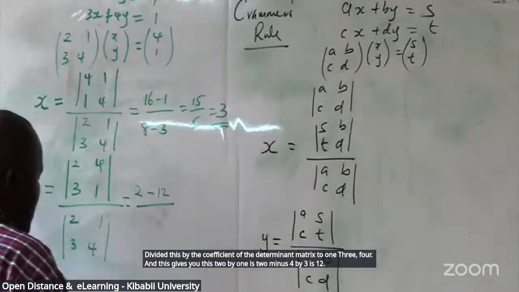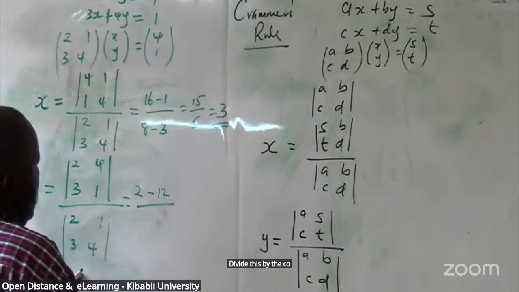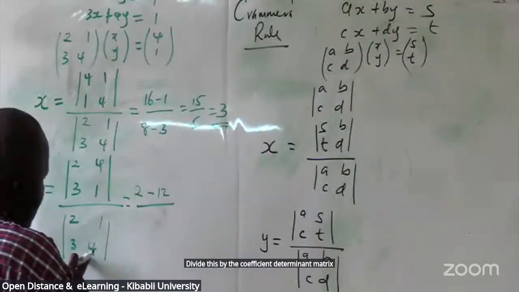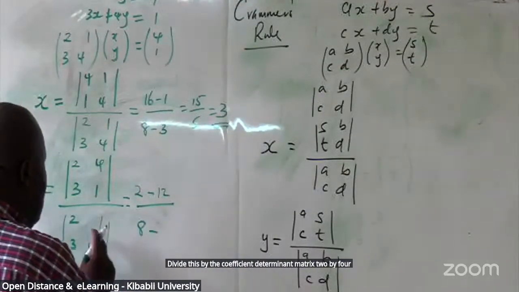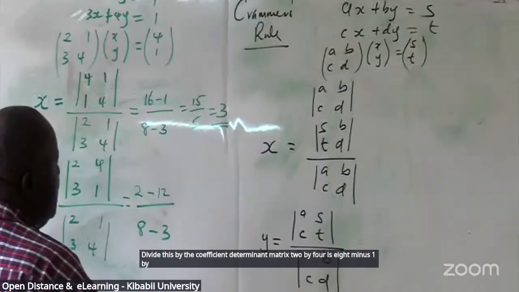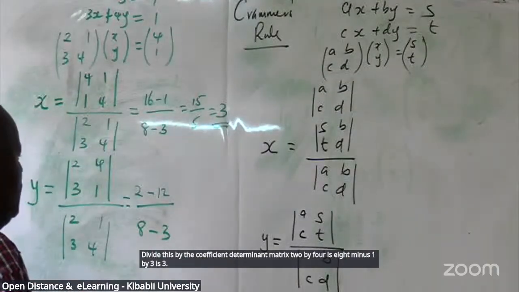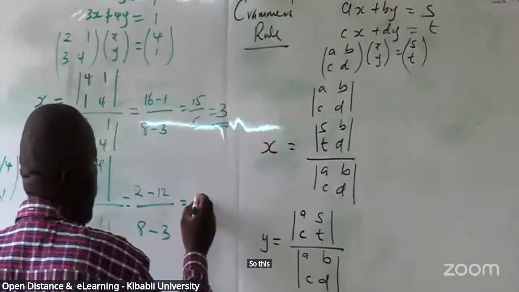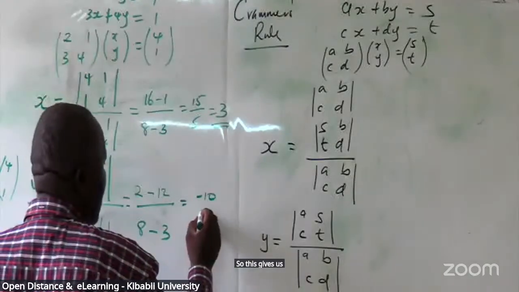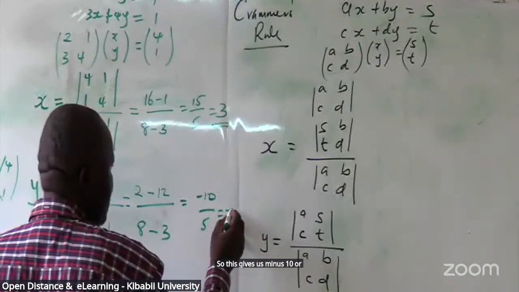Divide this by the determinant of the coefficient matrix: 2 by 4 is 8, minus 1 by 3 is 3. So this gives us minus 10 all over 5, and that gives you negative 2.